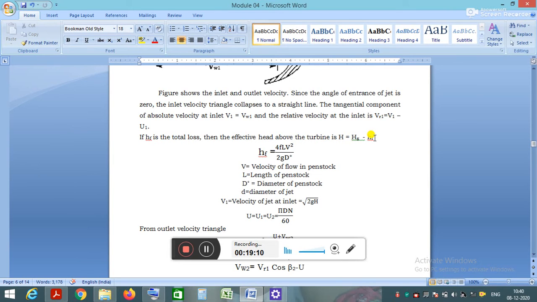We already studied in fluid mechanics. The loss of head due to friction is given by the equation 4FLV square by 2GD, where V is the velocity of the water in the penstock, L is the length of penstock, D is diameter of the penstock, and small d gives the diameter of the jet.